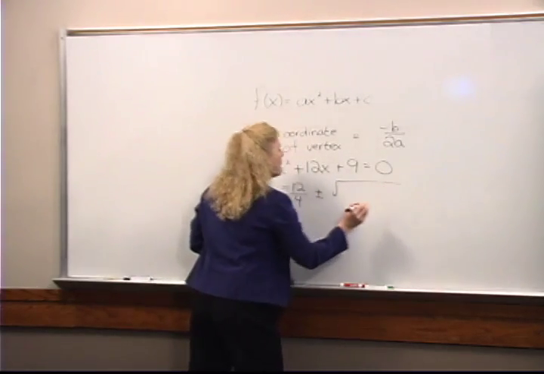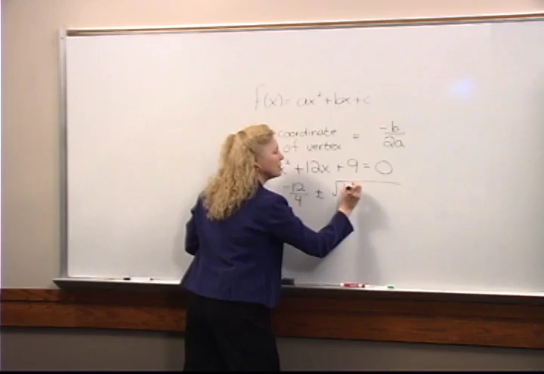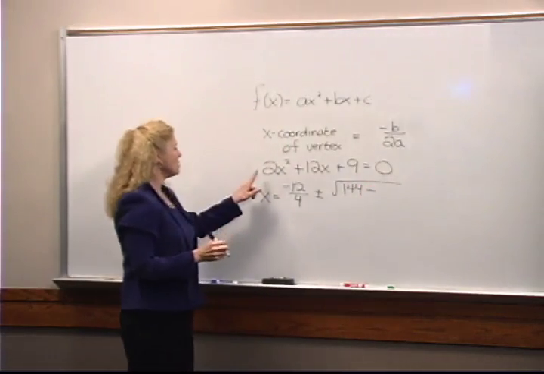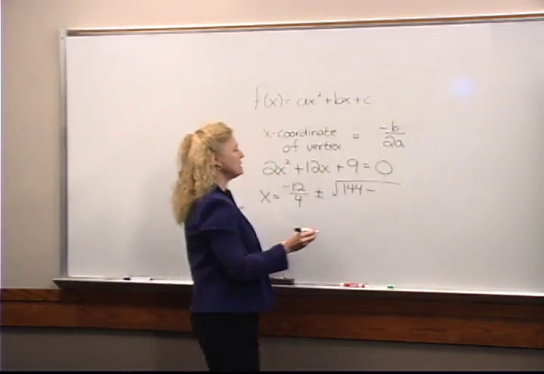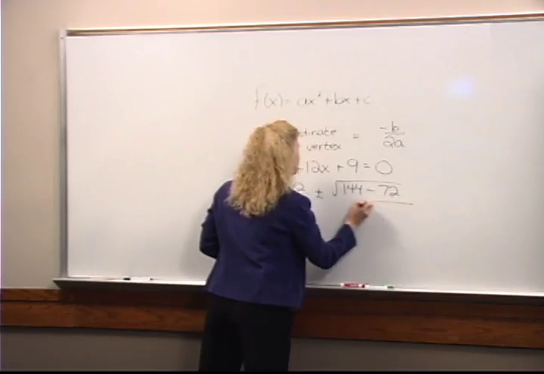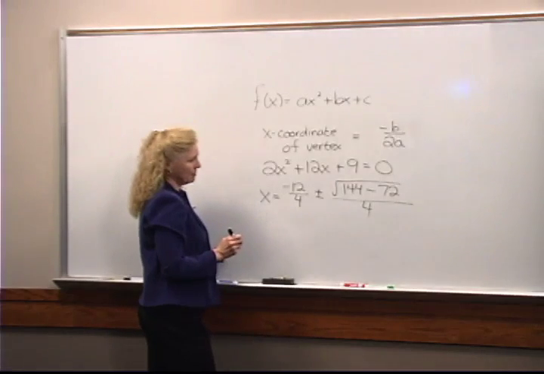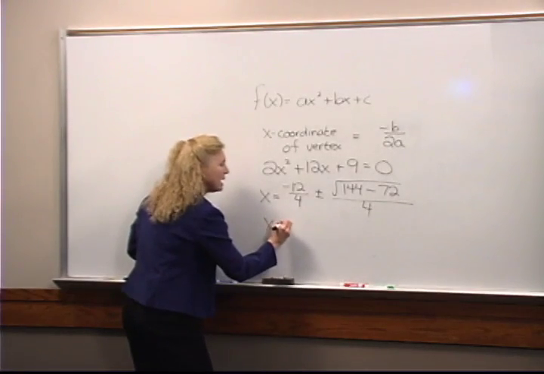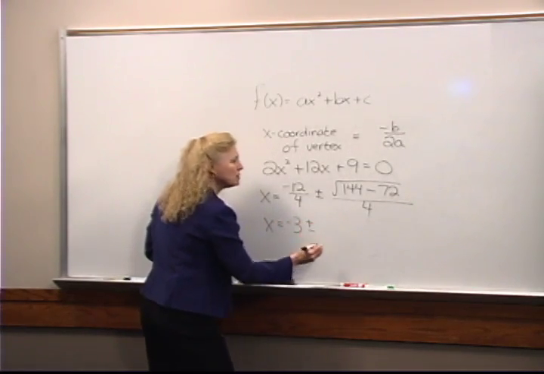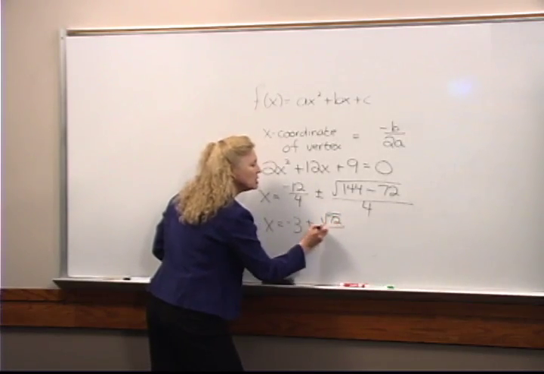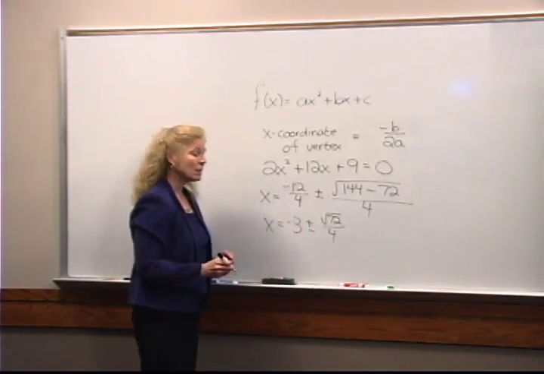Okay. b squared minus 4 times a times c. Well, I think that's a 72. All over 2 times a. So we get x is negative 3 plus or minus the square root of 72 over 4.